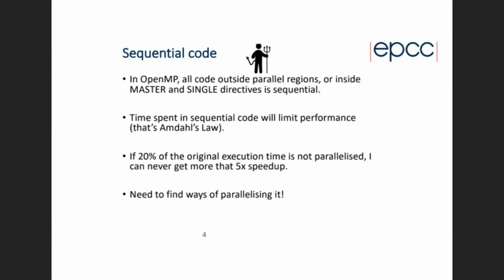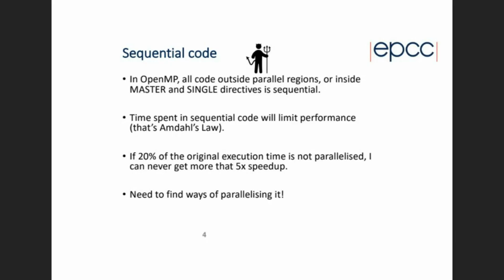So the solution is at least conceptually straightforward here. If there's still significant amounts of sequential code, then you basically haven't finished the job of doing the parallelization with OpenMP. So you need to look into those parts of the code and try to find ways of parallelizing.